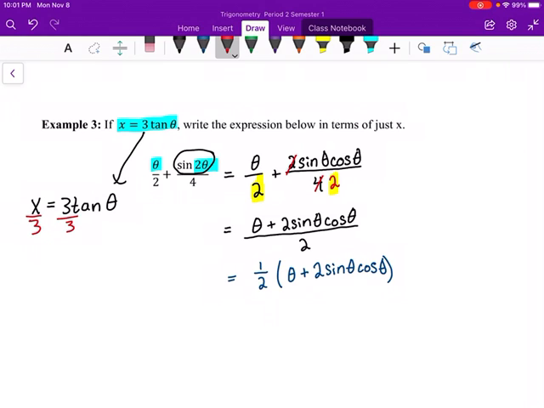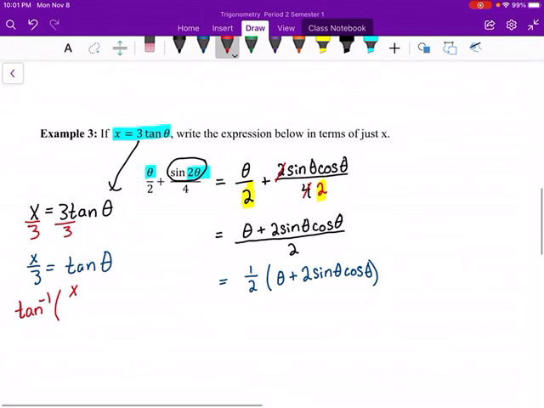So we're going to start by dividing both sides by 3. And now we know that tan of theta equals x over 3. And to get theta by itself, we are going to get the inverse tangent of x over 3 equals theta.